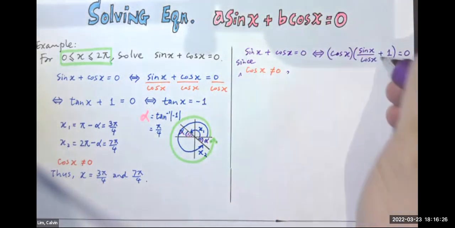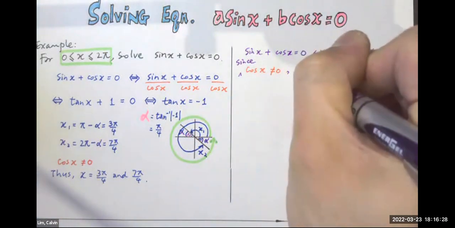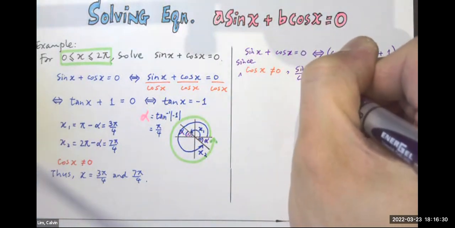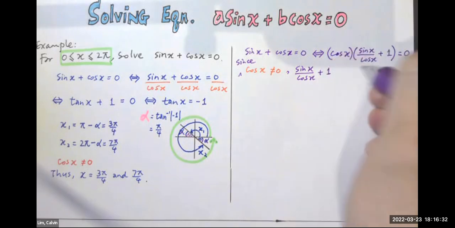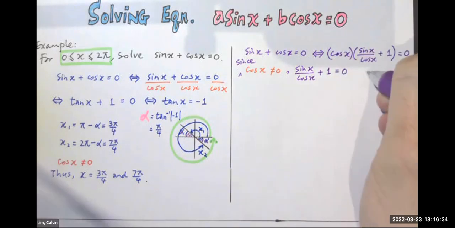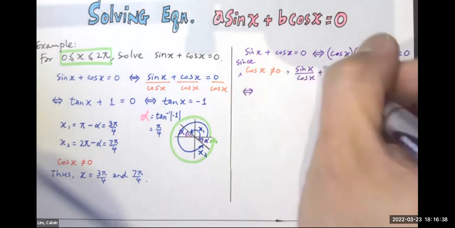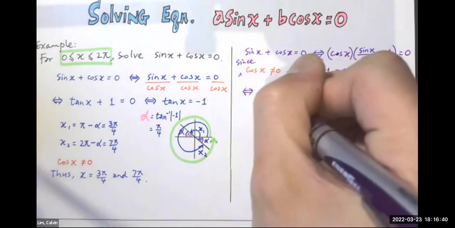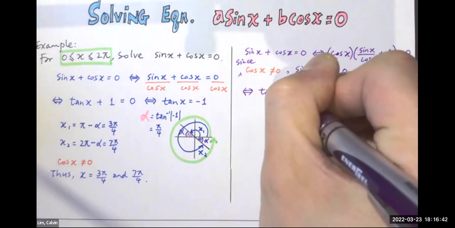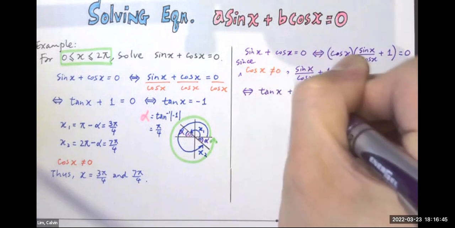Since cosine x cannot be 0, the other factor, sine x over cos x plus 1, must equal 0. Since sine x over cos x is tangent x, the equation becomes tangent x plus 1 equals 0.